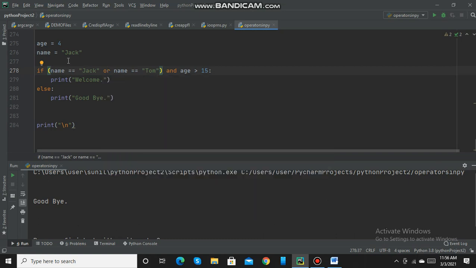Name is Jack, so it will return true. And this age greater than 15 is false because age is 4. So true and false will return false. So it has gone to this else and printed goodbye. So whenever in doubt, use the parenthesis.